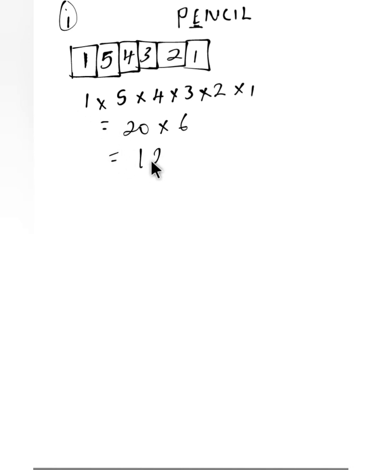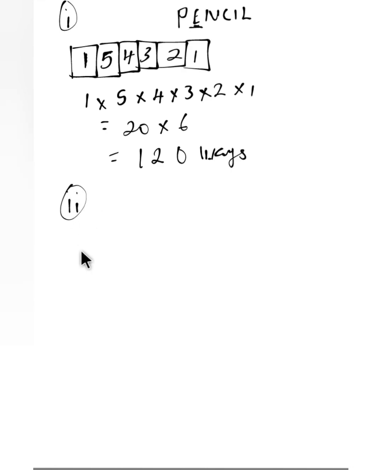This one can contain any of the other 4, the other 3, the other 2, the other 1. So it becomes 1 times 5 times 4 times 3 times 2 times 1. So 5 times 4 is 20, 3 times 2 is 6, and it equals 120 ways.